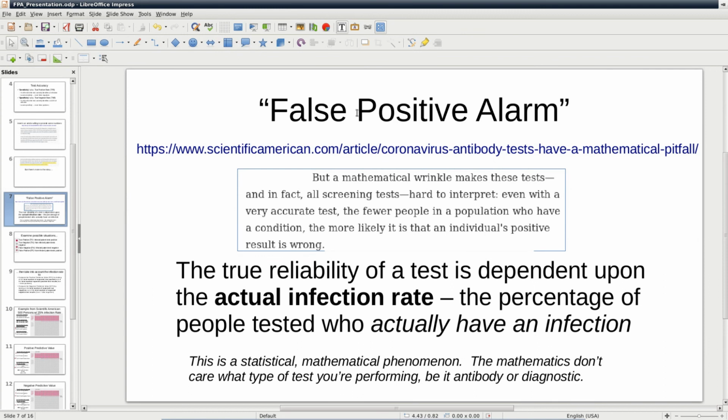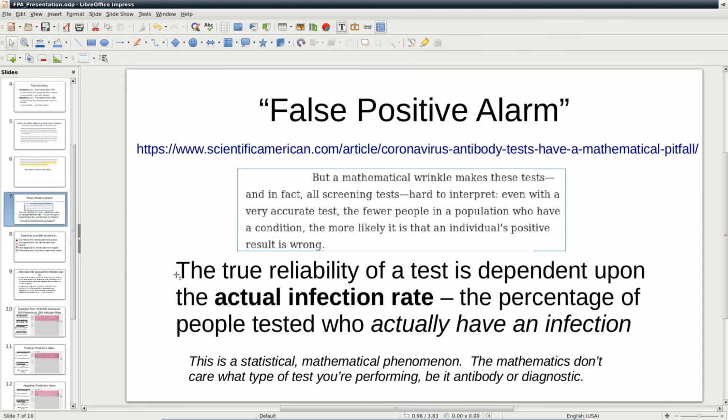There is this statistical phenomenon called false positive alarm, and there is an article in Scientific American that describes it. It's basically a statistical, mathematical phenomenon. The article itself is specifically talking about the serological antibody tests, but it's mathematical. It's a statistical thing. It doesn't care what type of test it is.